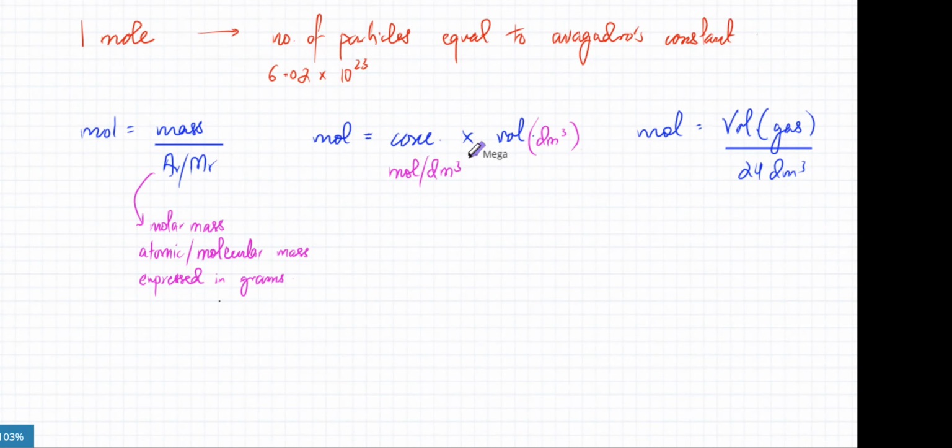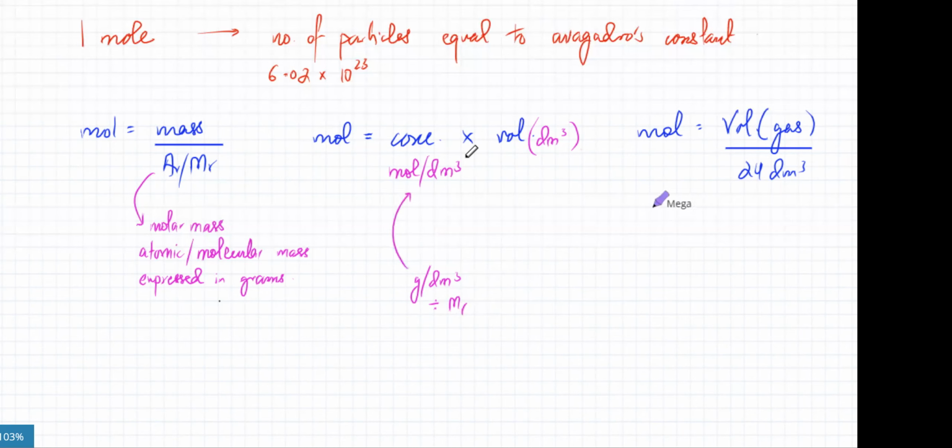So if concentration is given in grams per dm cube, then what you can do is divide by MR, or AR, and the grams would get converted to moles.